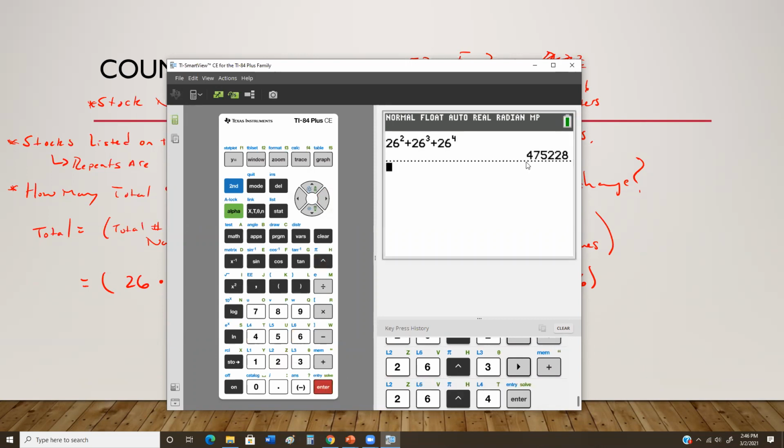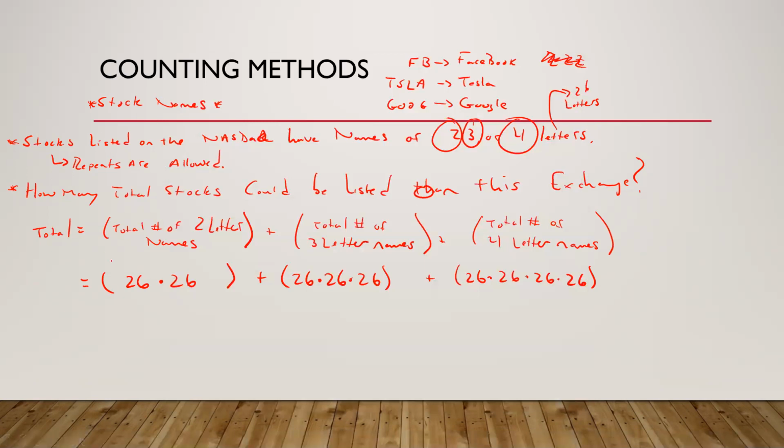And it looks like the total number of stocks that can be listed on the stock exchange is 475,228. It's a lot. And there's nowhere near that many. So we're not running out of stock names just yet. We're all good.